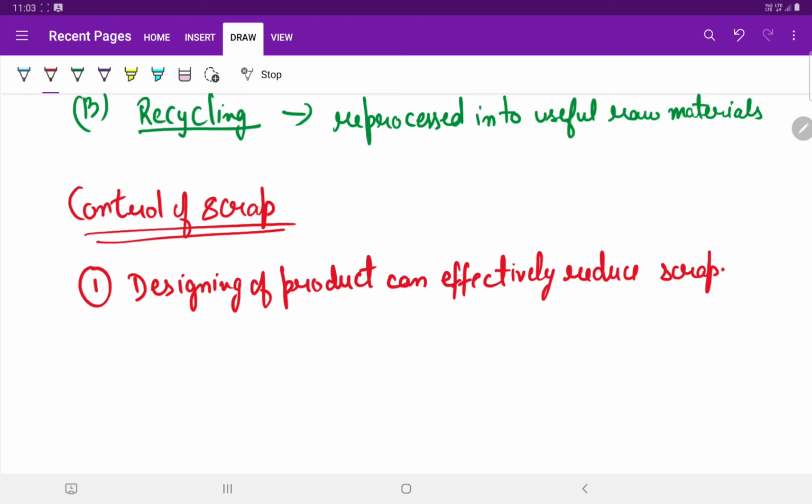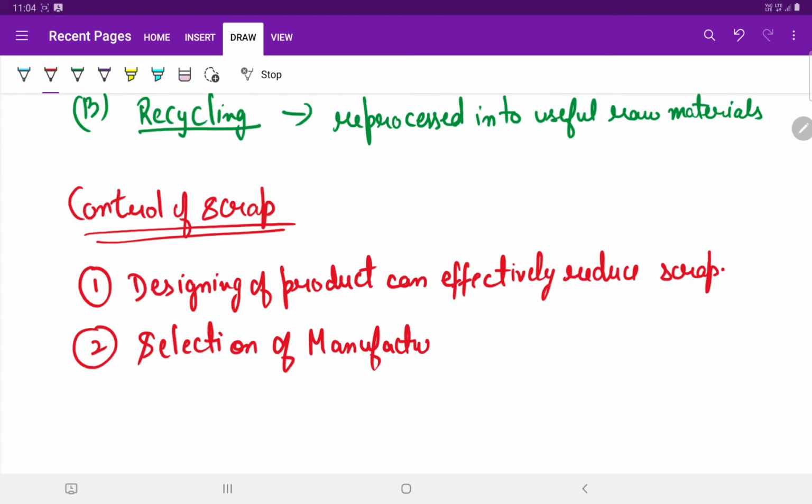Secondly, by selecting the right material and equipment during the production of finished goods. So the selection of manufacturing equipment plays an important role in reducing the scrap.